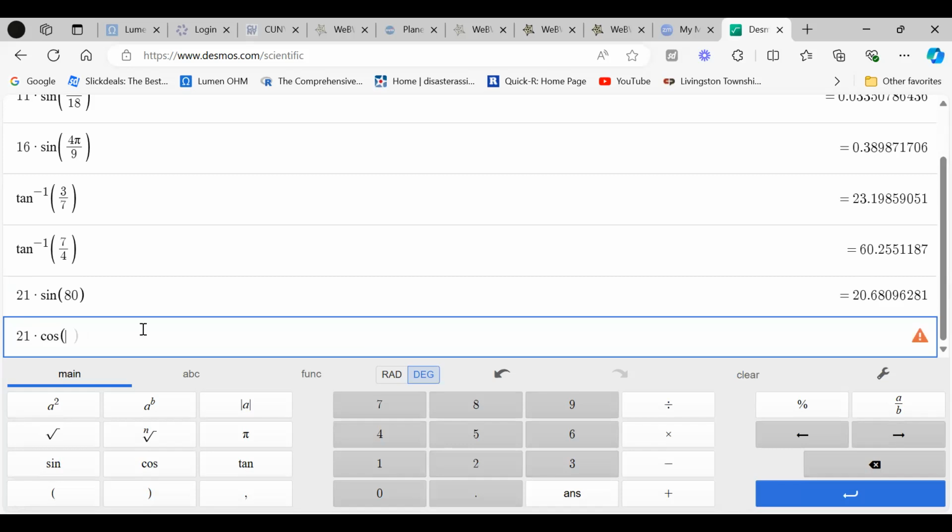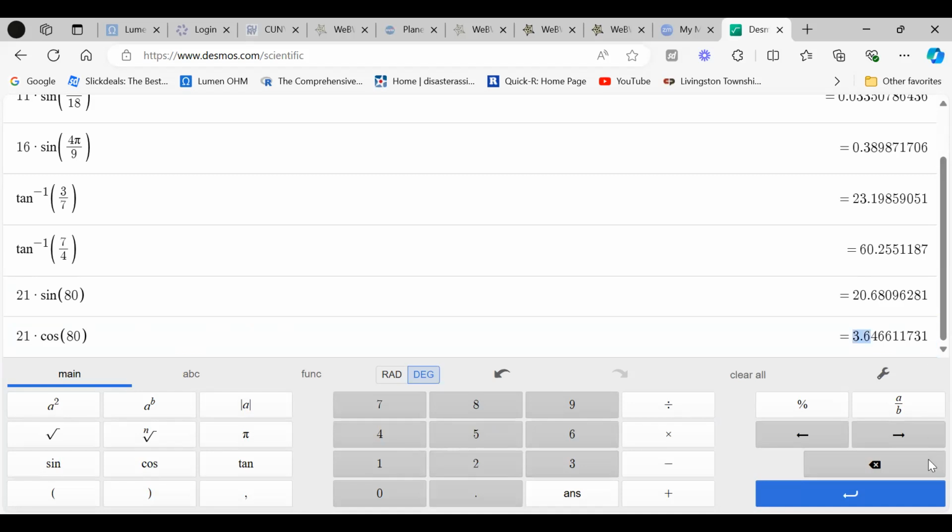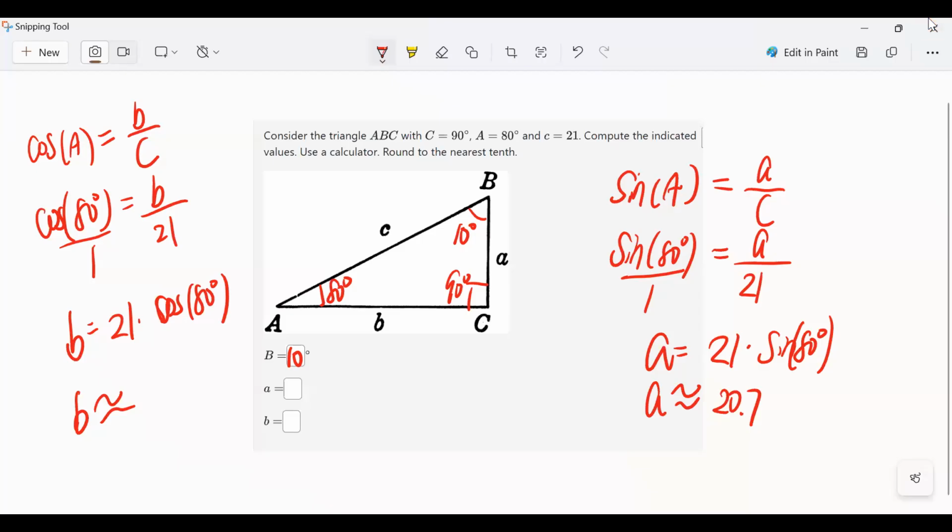Times cosine 80 degrees. And that gives us 3.6, right? When you round it to one decimal place, 3.6. So A is 20.7, B is 3.6.